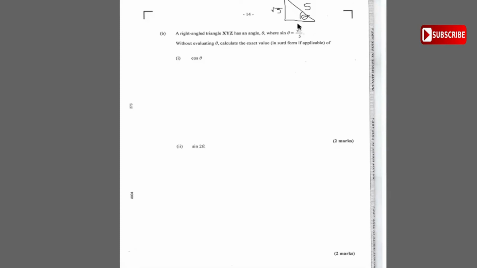The adjacent is going to be the square root of 5 squared minus √5 all squared, and I'm getting the square root of 20. So the adjacent, let's call it A, has to be the square root of 20, because remember, adjacent squared plus opposite squared must equal hypotenuse squared.